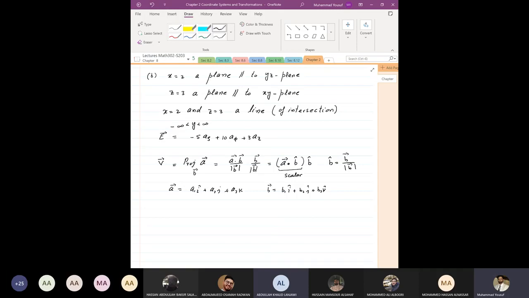Isn't it vector B over the magnitude squared? Not the magnitude. Right, this becomes magnitude squared, but we keep them separate, and we call B over B magnitude as B hat. It will become magnitude squared if we do not write it in this form.